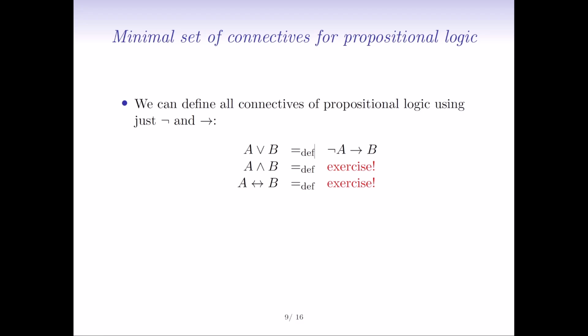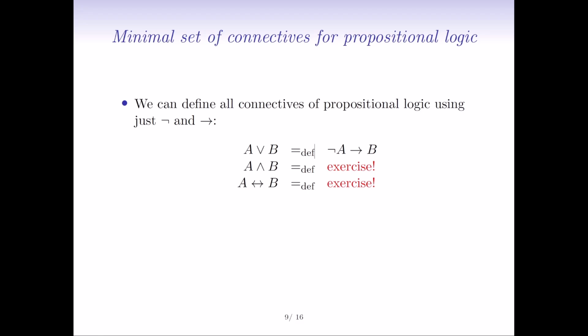And you can check for yourself that not A implies B, at least if you've transformed A and B in the same way, doesn't contain any disjunction symbols either. It only has negation and implication in it, and has exactly the same truth table as A or B. In a similar way, you can define conjunction and bi-implication using only negation and implication.